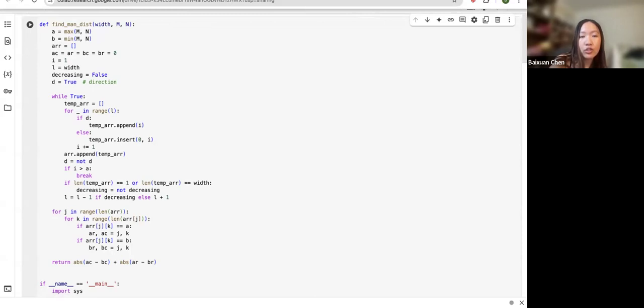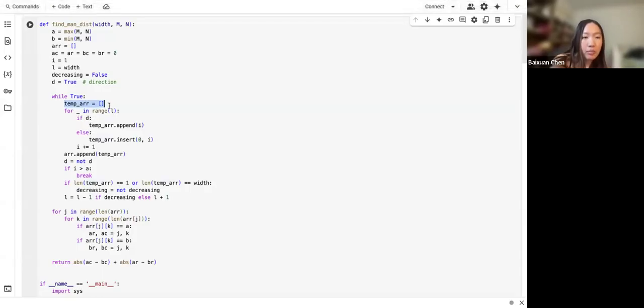So you would need a 2D structure to be able to show that. And then I also added an increasing and decreasing variable because you don't know if you're going up or down. And then I made everything in a while loop.